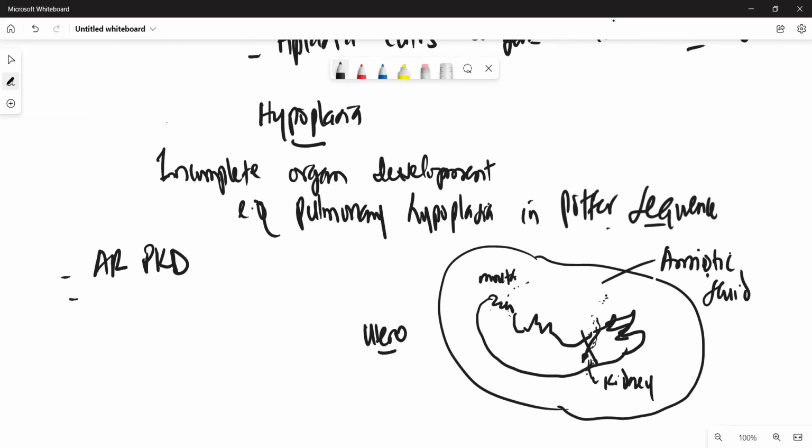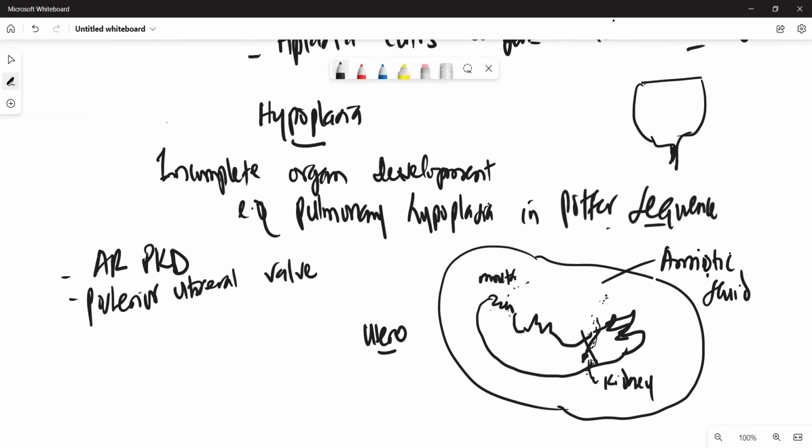Or it could be due to posterior urethral valve. This is when they have a valve in the posterior wall of the bladder. So this is the bladder, this is the urethra, and there's a valve there. As a result, the urine cannot pass, so they have urine accumulation inside the bladder and bilateral hydronephrosis.